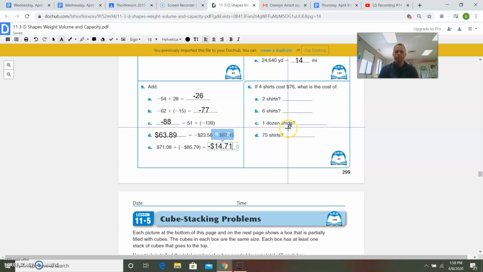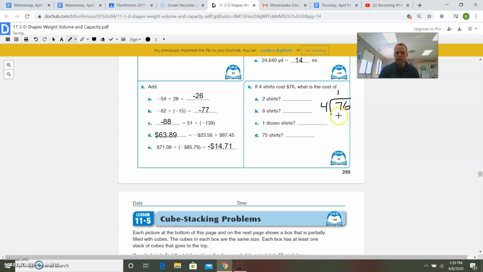All right, this is a tricky one too. We know that 4 shirts cost $76. The easiest way to do this is to take your 76 and divide it by 4 and figure out what the cost of 1 shirt would be.